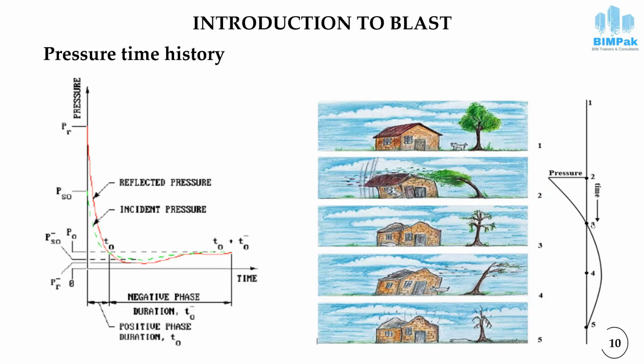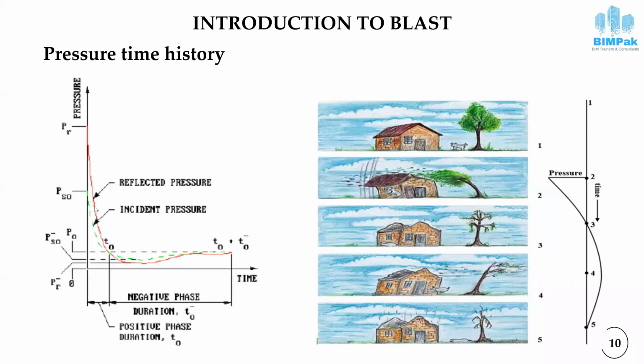And when the pressure is reduced to ambient pressure again, then the trees come to their original position, but in a damaged condition. And because of this negative pressure, which is called the suction of this blast, you can see that the trees have been tilted to the opposite side.